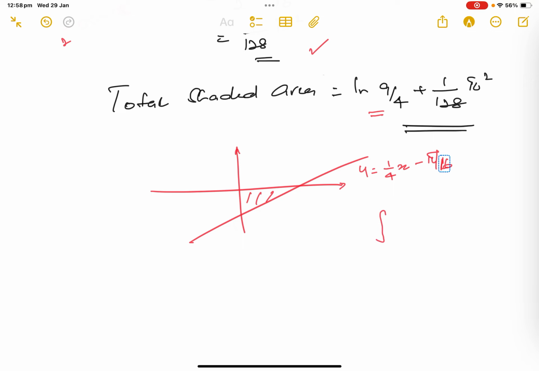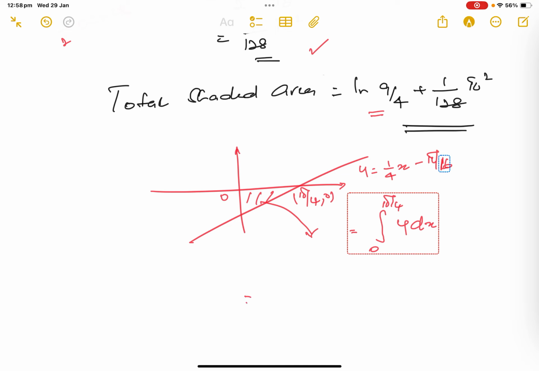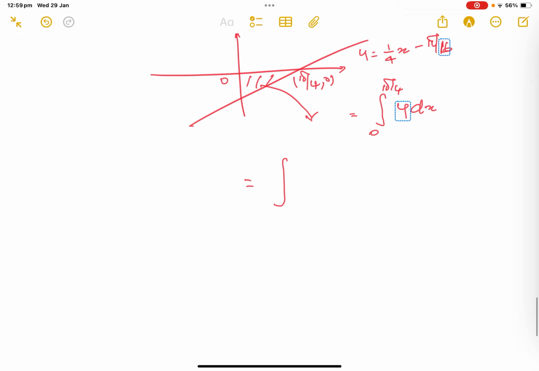So the limits are 0 and pi by 4, and you integrate y dx, of course. This is the area of that region. So that's the integral from 0 to pi by 4 of quarter x minus pi by 16 dx.